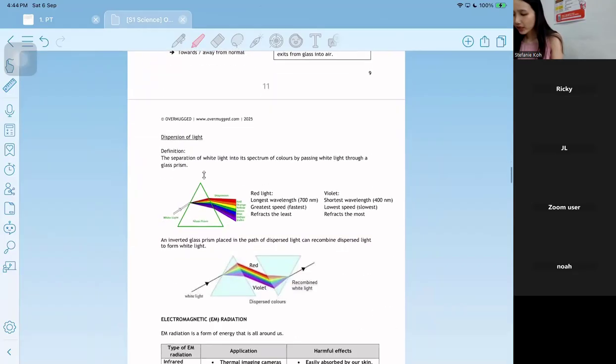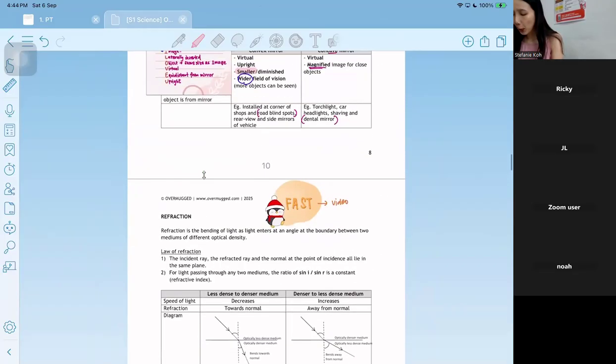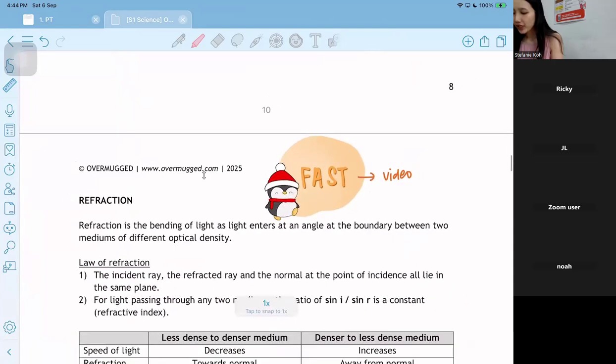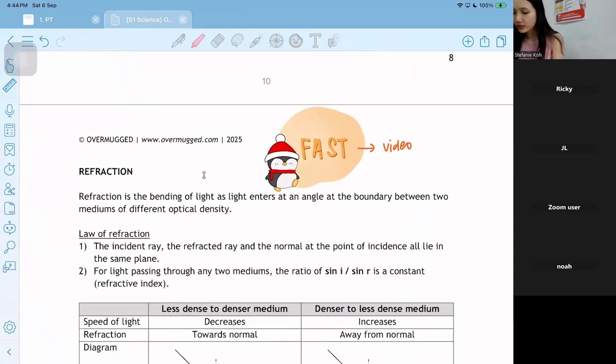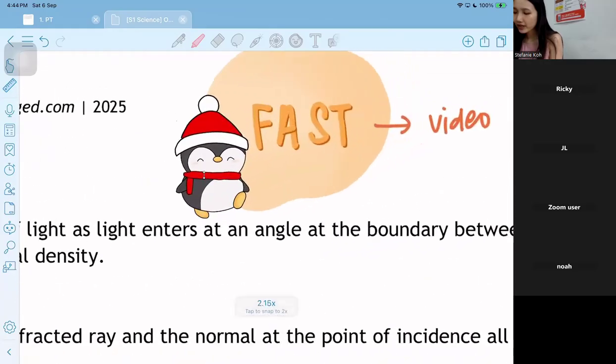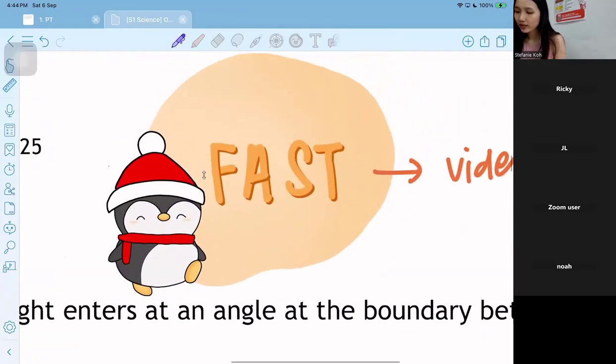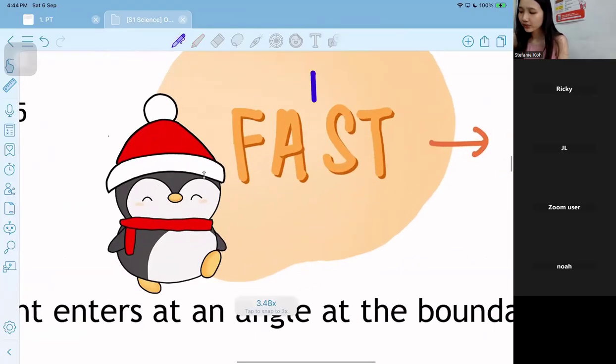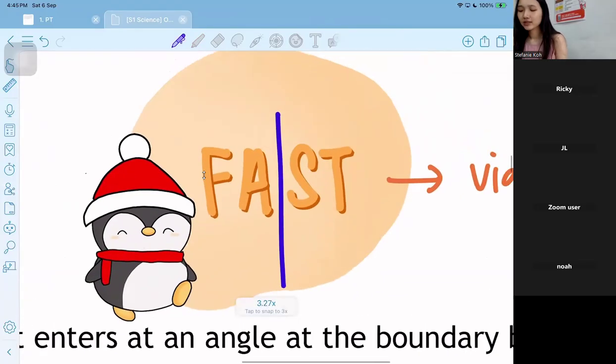Last part would be on refraction. For refraction, there is one thing that I like to use. How does the light bend?